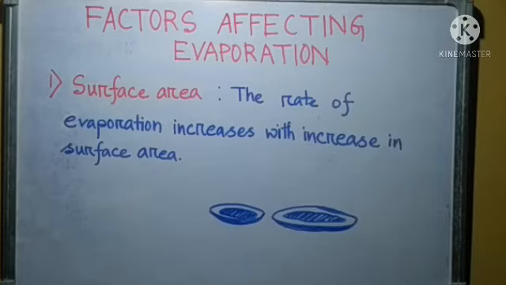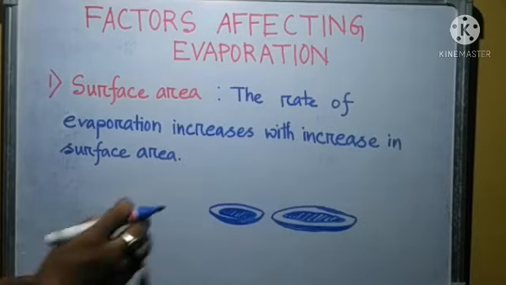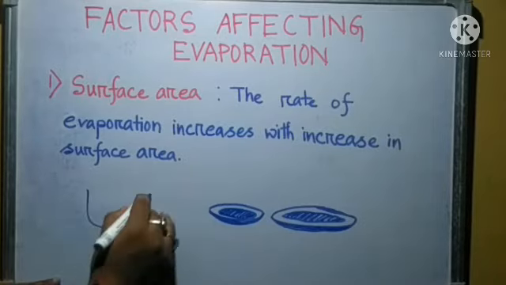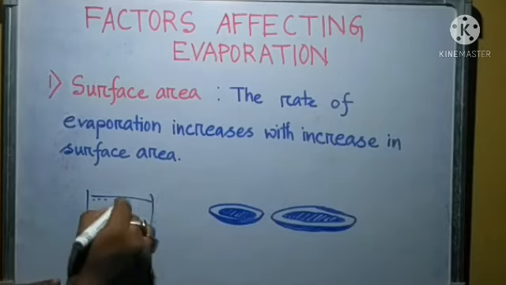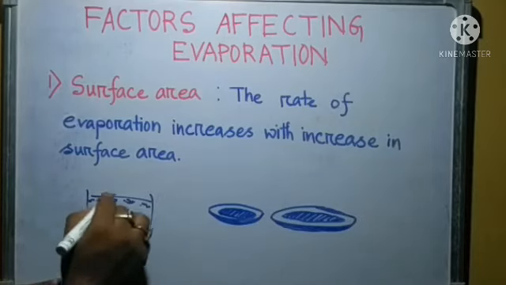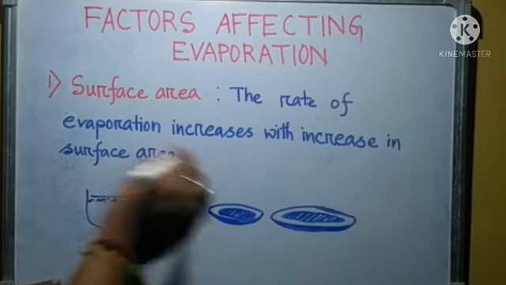So if the liquid has more particles on its surface, it will evaporate more quickly. It depends on the number of particles present on the surface. If the number of particles on the surface is more, the liquid will evaporate faster.